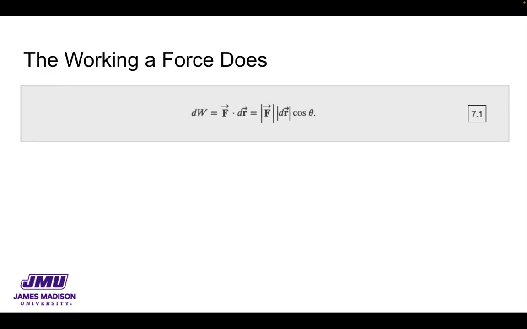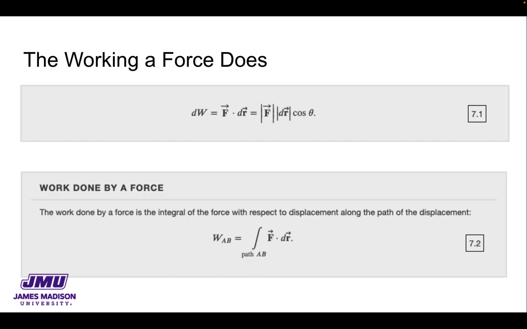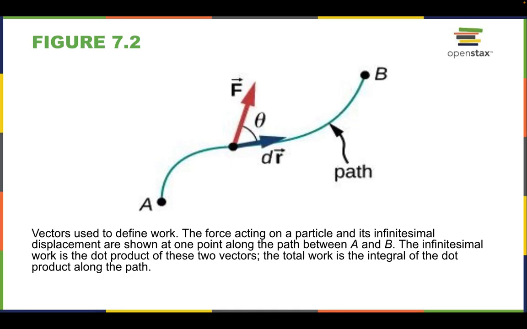That means dW equals F dot dr, or F times dr times cosine theta, where theta is the angle between the direction of the force vector and the direction of the displacement vector. The amount of work done over an entire path of motion is the sum of all the infinitesimal dW's along that path. So you would take what we call a path integral. Let's take a closer look at what that path integral from point A to point B looks like.